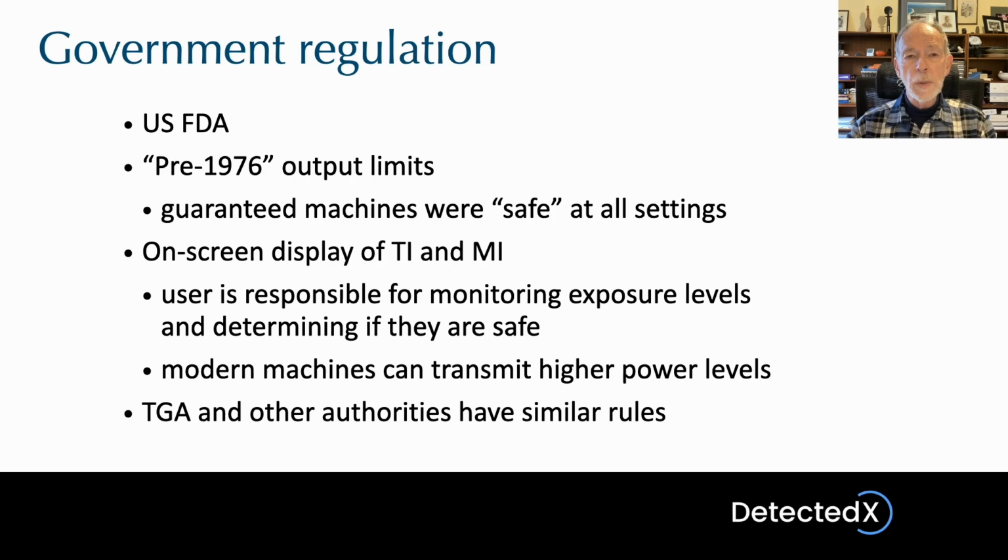However, as you would expect, now there is regulation in place in every country and geographic area, and these tend to be very, very similar to the rules that were set up by the FDA. So there's a worldwide consensus on the approach to safety, basing it on the display of the TI and MI, and the idea that it is now the user's responsibility to monitor those indices and use ultrasound safely.